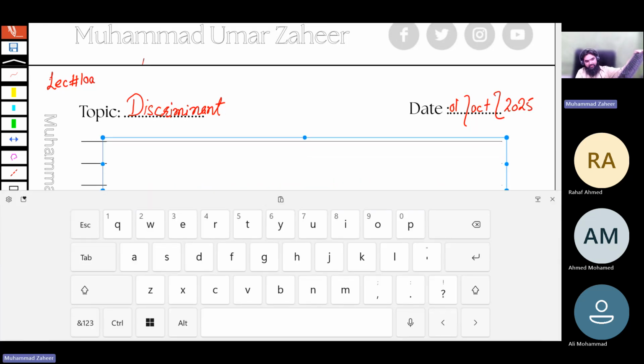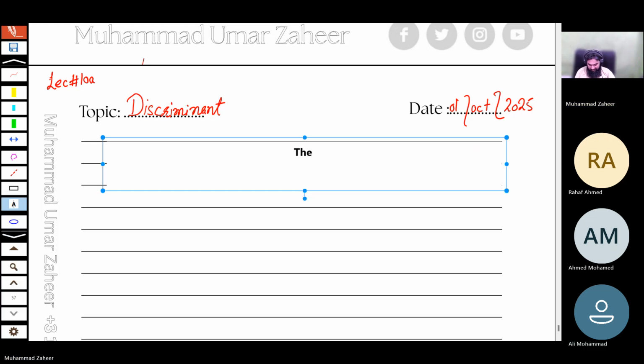Anyone have an idea what the discriminant is? It is the square root part in the quadratic formula.